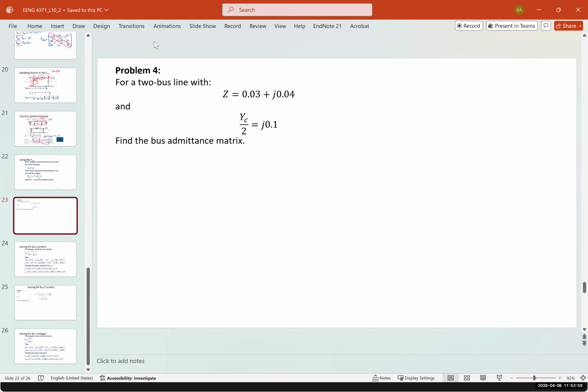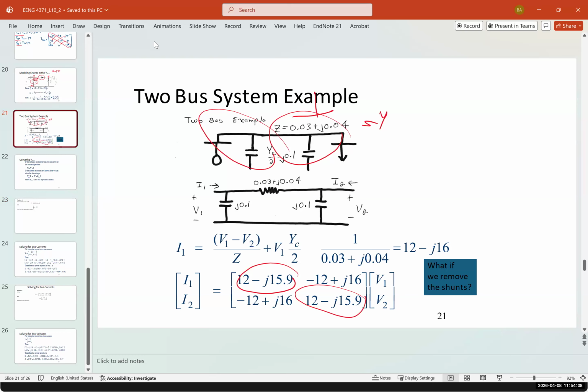Now, let's solve a practice problem for this one. For a 2-bus line, Z is equal to 0.03 plus j0.04.